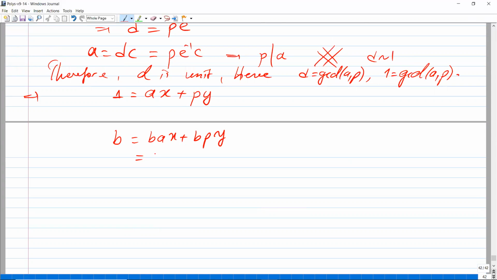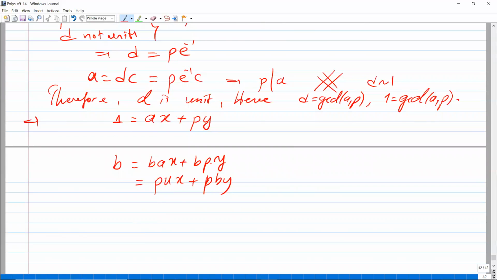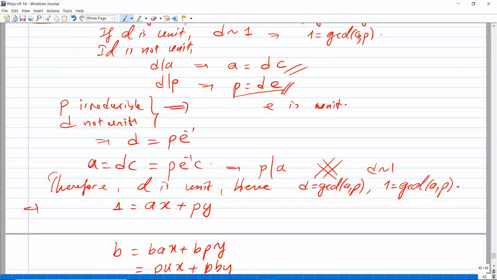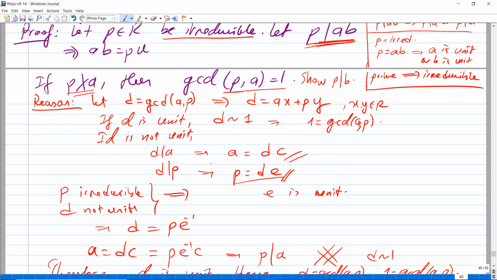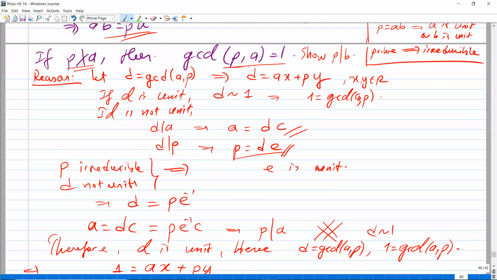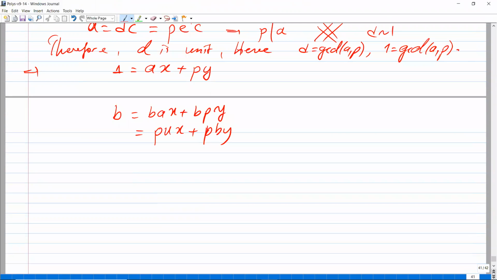And B times A is P times UX plus P times BY, because we assume that P divides A times B, so that A times B is P times U. So instead of AB here, or BA, we write P times U, so that when you factor out P, that is UX plus BY, so therefore P divides B, i.e. P is prime.